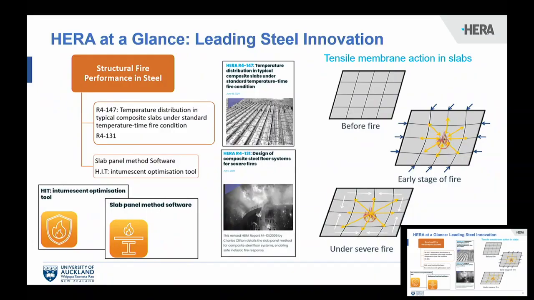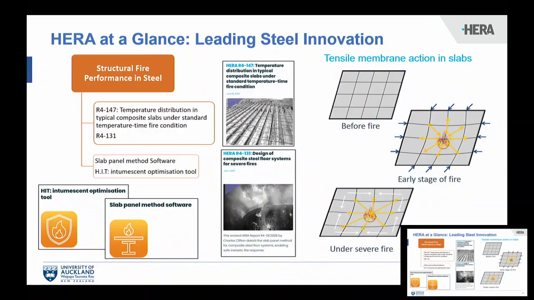When a structural system undergoes a fire, and the flooring system is a composite steel concrete flooring system, as the heat increases the beam starts to deform and weakens, while the slab also starts to deform and an arc shape happens on the slab. Another procedure happens on the slab panel, which is called tensile membrane action. Instead of the slab depending on the beam for the tensile part, it can create enough tensile capacity and resist the fire.